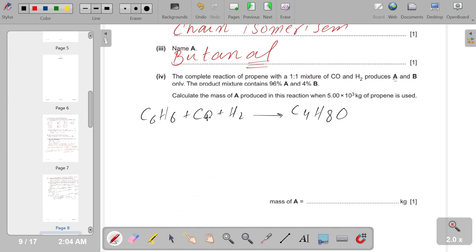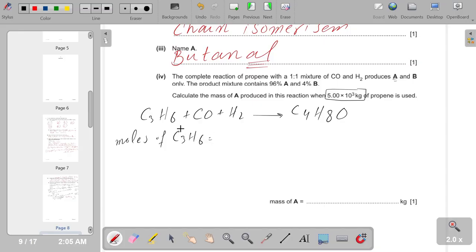Now, the question given here is in kilograms, so I need to convert this into grams by multiplying by 1000. I need to find the moles of C3H6, my bad, it's not this, it is C3H6.